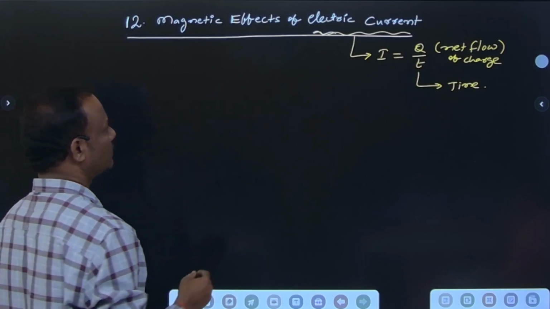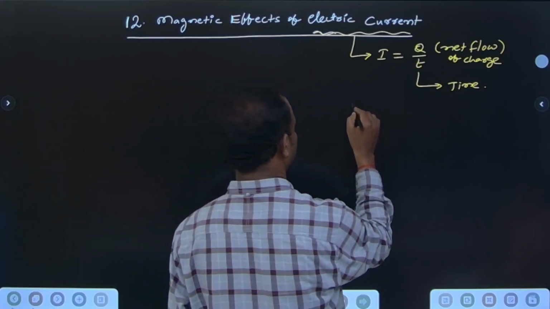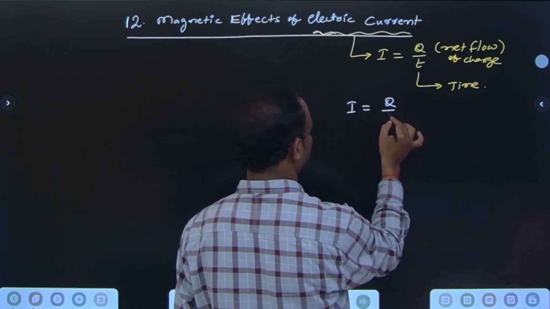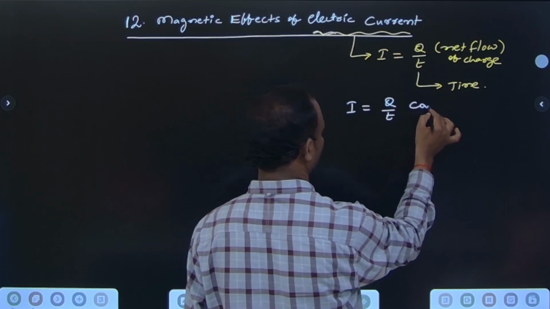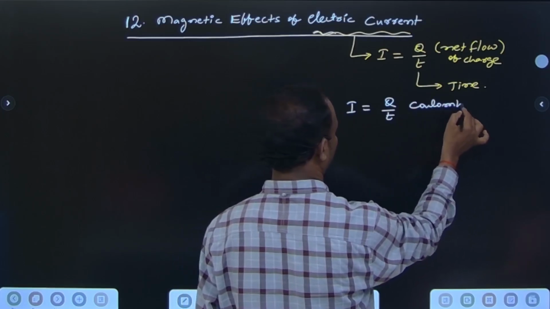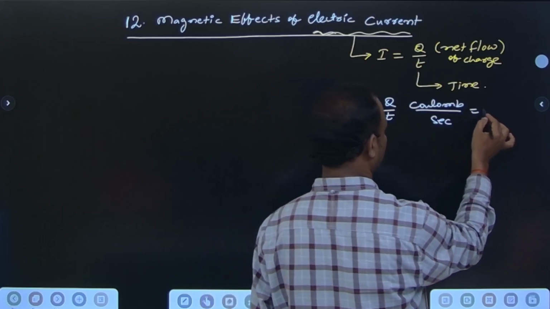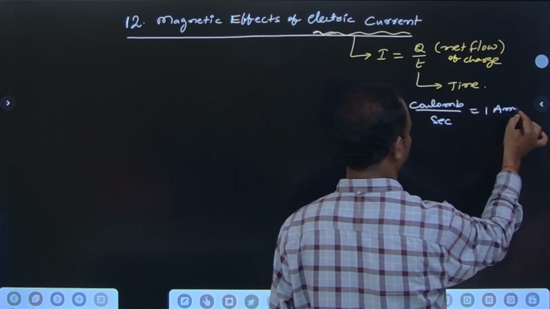Again, I is equal to Q by T. It is coulomb per second. 1 coulomb per 1 second is 1 ampere.